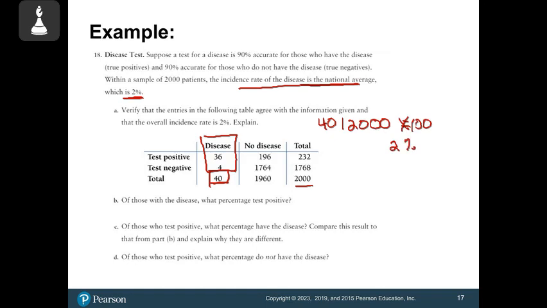Okay, next question says, of those with the disease, so again, we're working with this column here, they have to have the disease, what percent test positive? Well, we've got 40 with the disease and 36 of them tested positive. So 36 out of 40 times 100 is 90%.